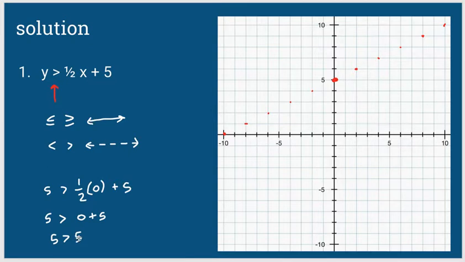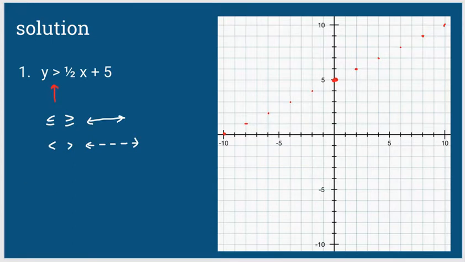And that's not really true. 5 is not greater than 5. 5 is equal to 5. And so that tells me that these points that are right on the line are not actually solutions to this inequality. They're the boundary for the solutions to the inequality, but those points themselves are not solutions.